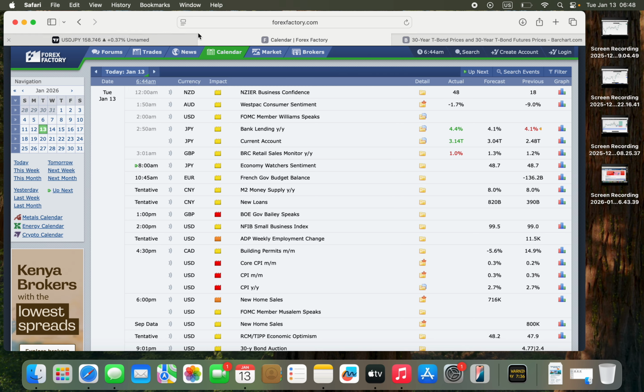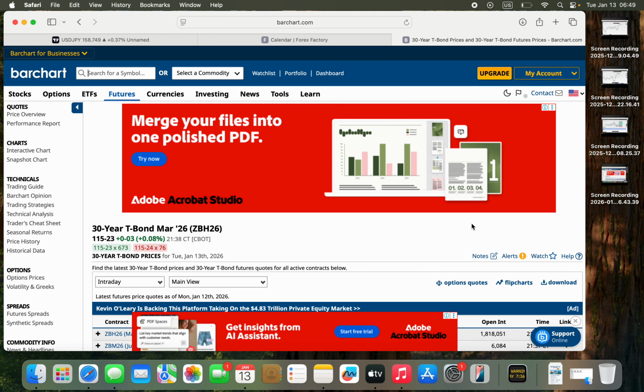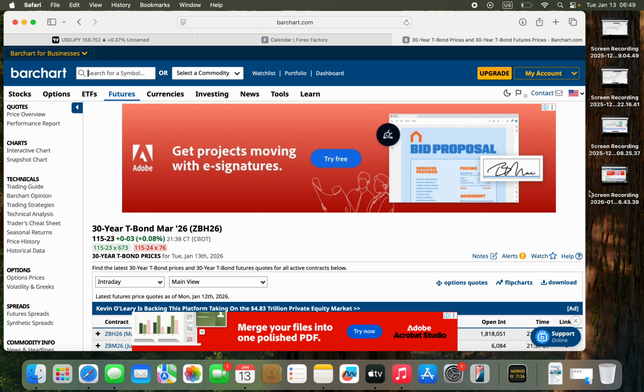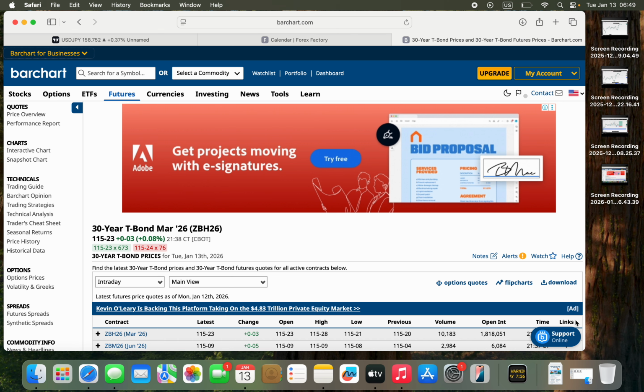So after getting to see the news, normally you don't go to the chart yet. Come to the 10-year bond. This is the bar chart where the market makers use it. So I'll start with a minute.